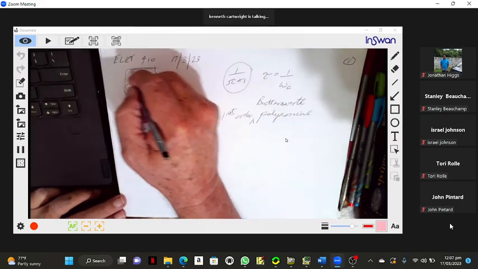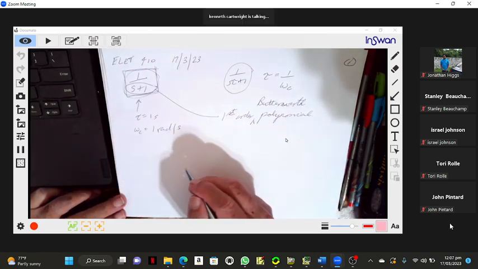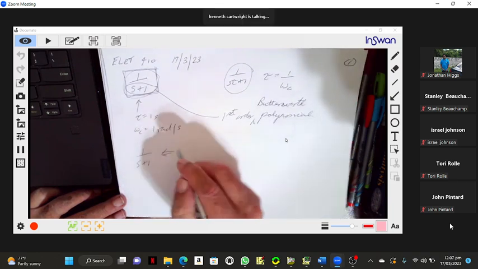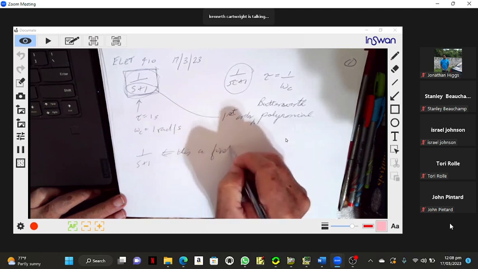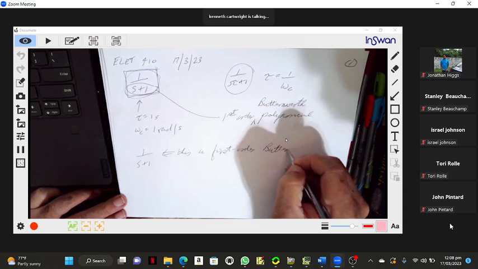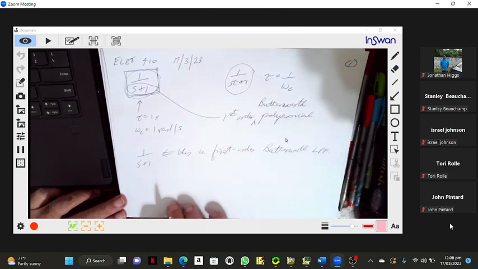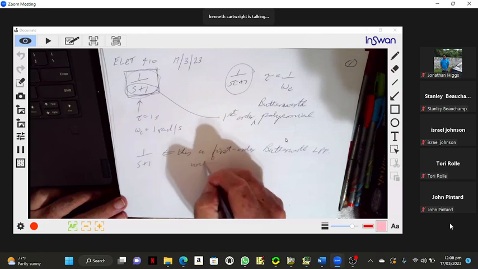So, 1 divided by this first order Butterworth polynomial. This is a first order Butterworth low pass filter with cutoff frequency.